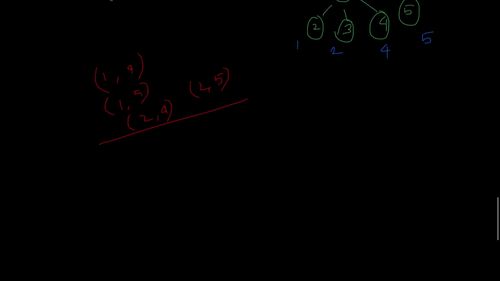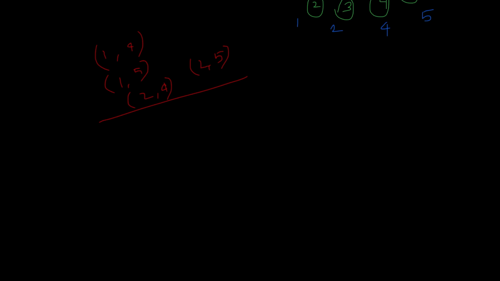Let's take another example. Let's say this is the root node. The left side has a node which has four children. Then this is another node, which has three children.